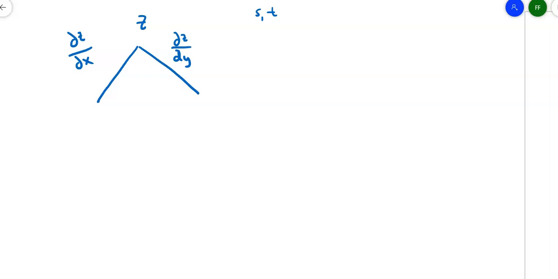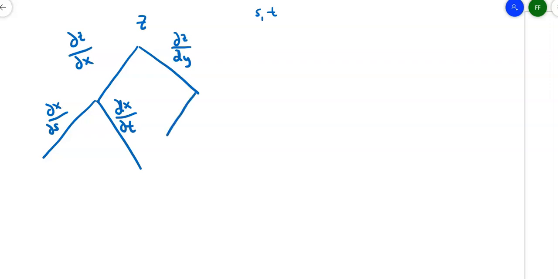So I can take the partial derivative of x with respect to t, or I could take the partial derivative of x with respect to s. So these are all partials.